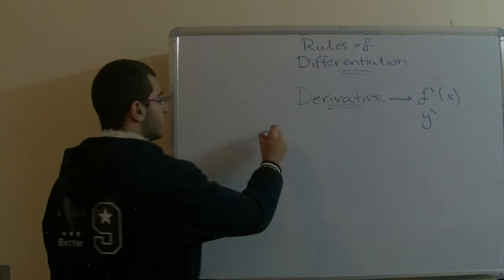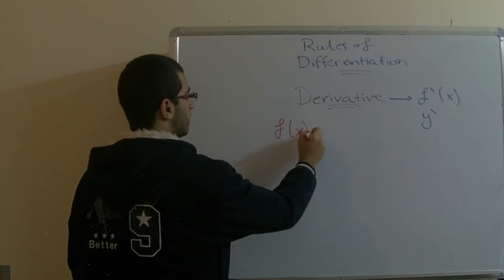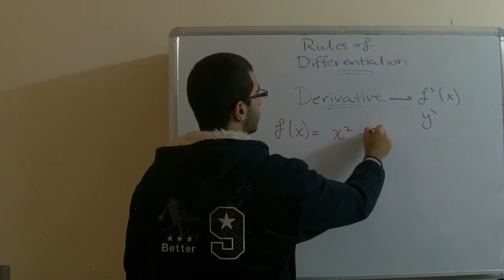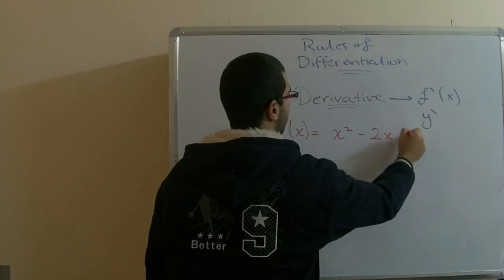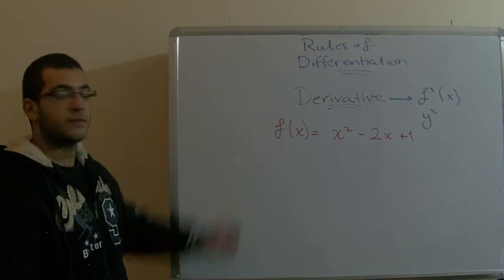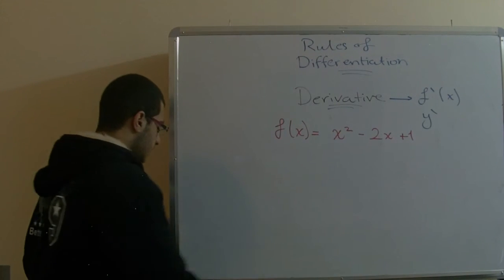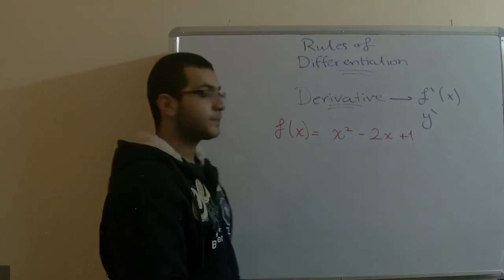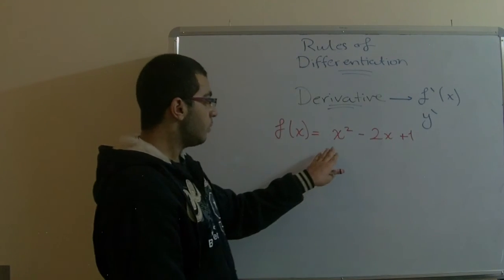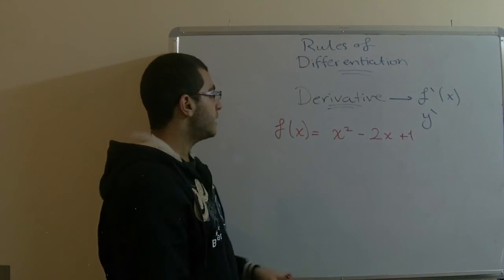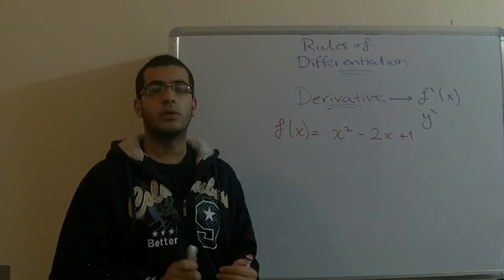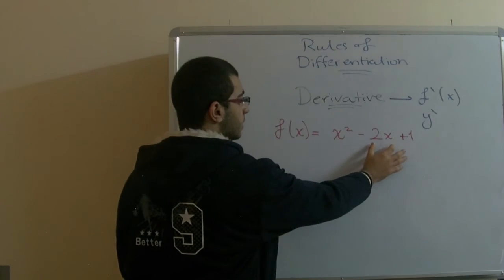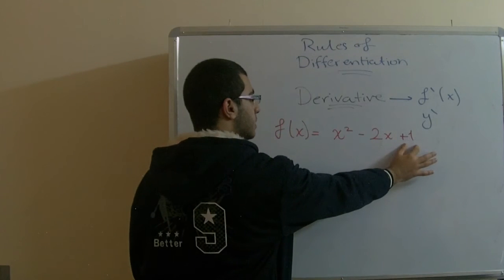For example, if we have f(x) equals x to the power 2 minus 2x plus 1, and we want the derivative of this function. So in this function we have 3 terms. We can deal with each one of these terms as a definite function, applying the rules that we have now, as if this is a function and this is another function and this is a third function.